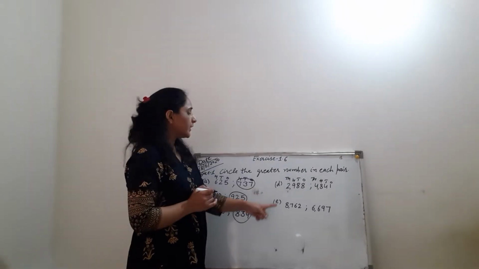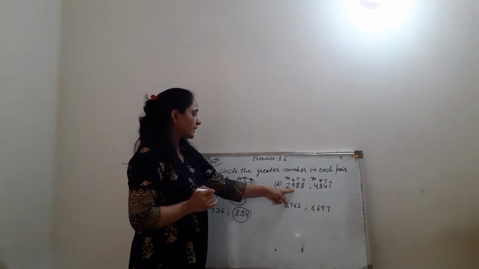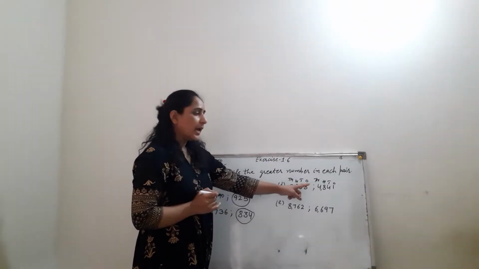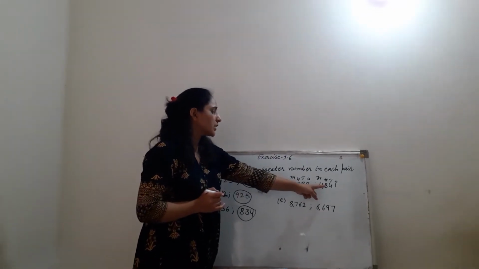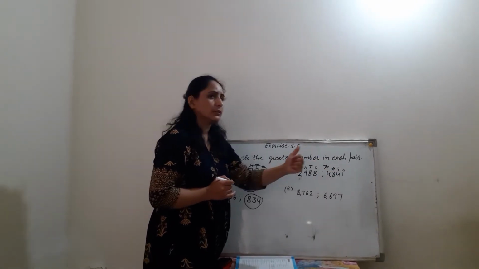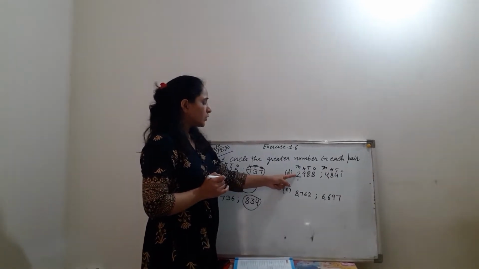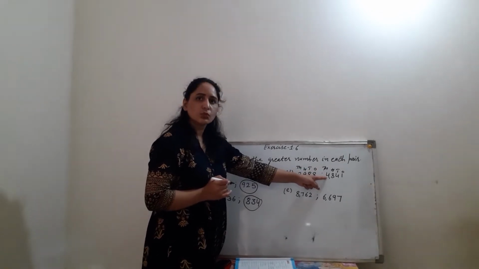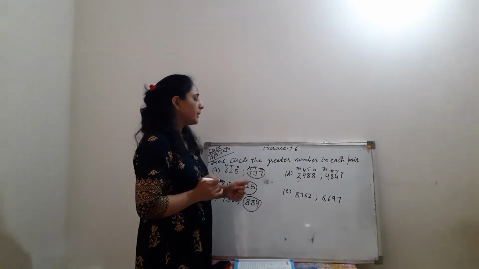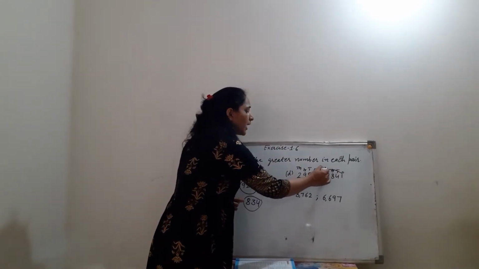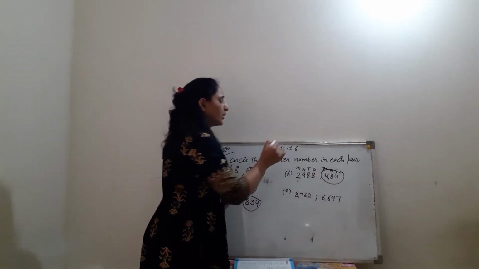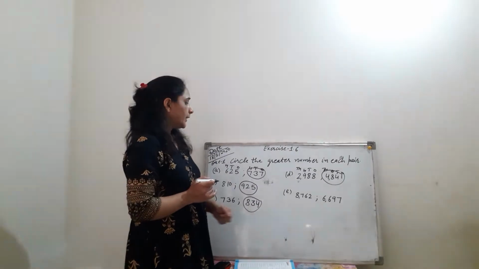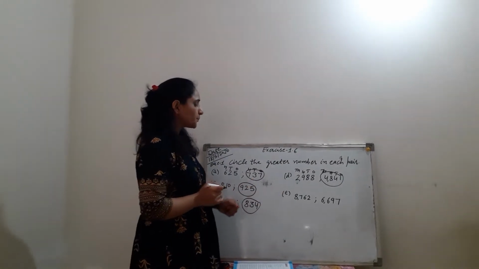When we read it, it is 2988 and here is 4841. Clear? So 4 is greater. So which number is greater? It's 4841.